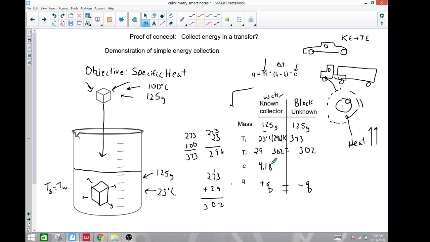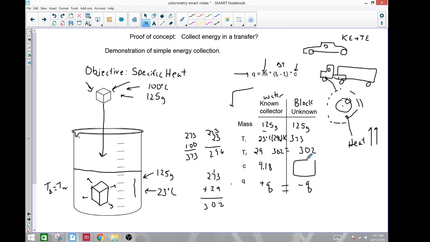Now, keep in mind, each row is just one of these formulas. And if I know all the variables, if I'm missing one of them, I can figure the whole thing out. So my general plan here is to determine the energy that the water collected. That equals the energy that the block lost, and then I can solve for the specific heat of the block.